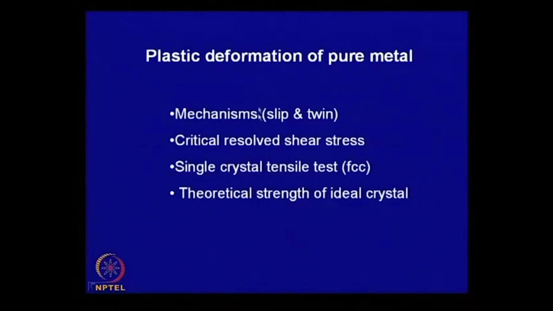We will also look at the stress strain behavior of typical crystals, particularly face centered cubic crystal. We will also try to find out an estimate of the theoretical strength of an ideal crystal. So, basically these are the 4 topics that we are going to consider in this chapter.